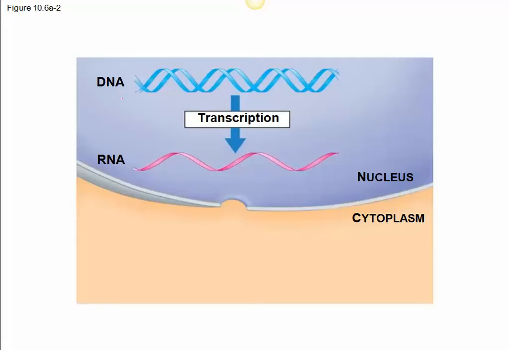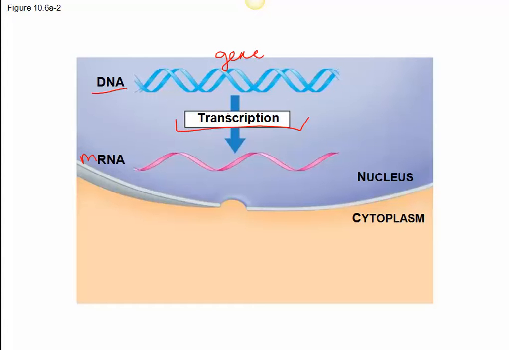Before we get to that protein, we want to copy one recipe from that manual. So transcription is the process of going from your DNA molecule and making messenger RNA. This messenger RNA will later be used to make a protein, but the messenger RNA contains information from one gene.